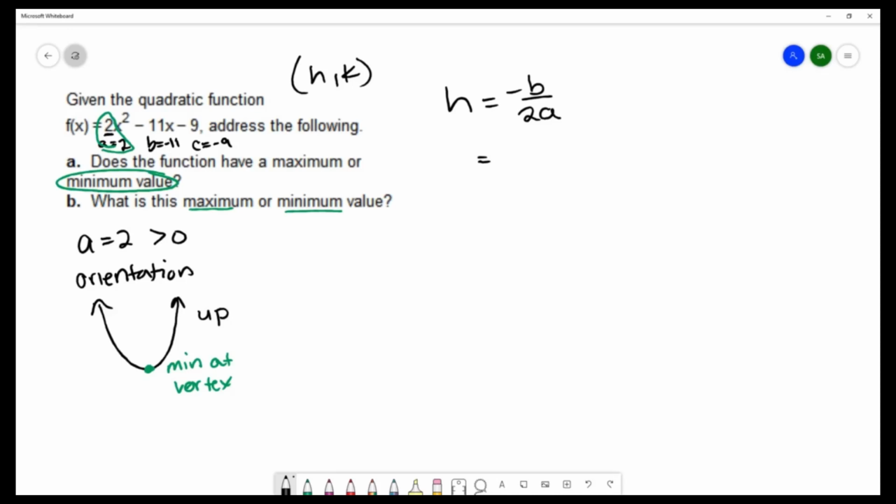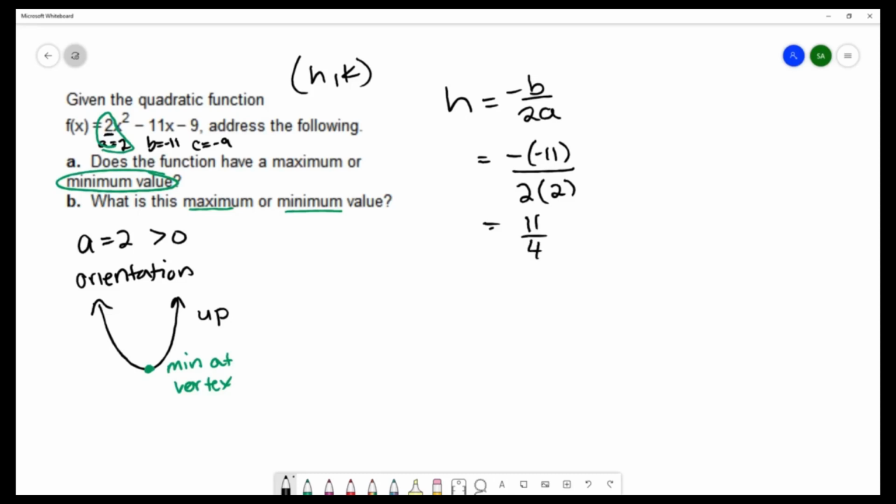That gives negative negative 11. So I'm using the negative from the formula, and the number is negative, so I want to make sure that I include both of those negatives. Sometimes we forget that. We have 2 times a, which is 2. So we have our h being positive 11 over 4.